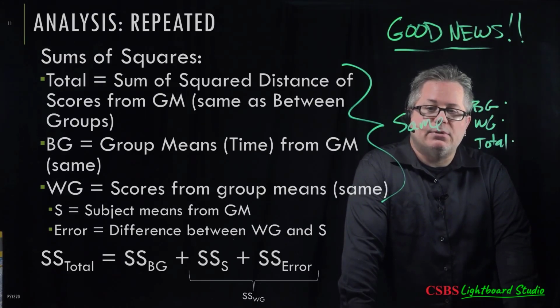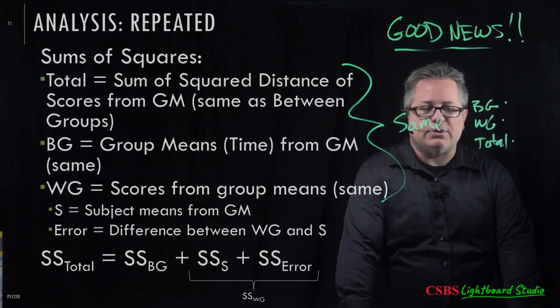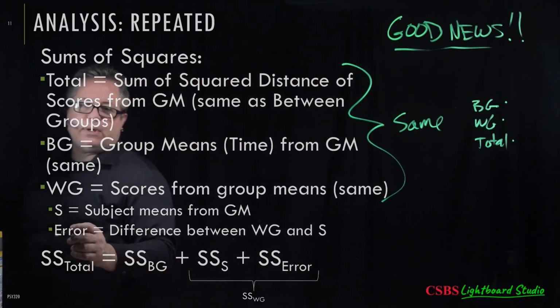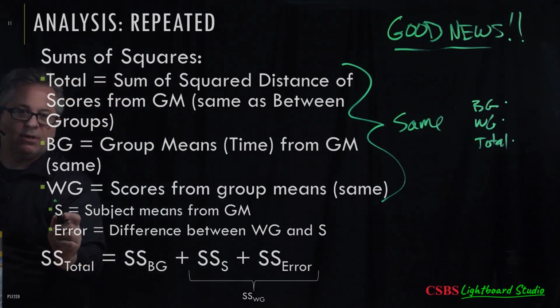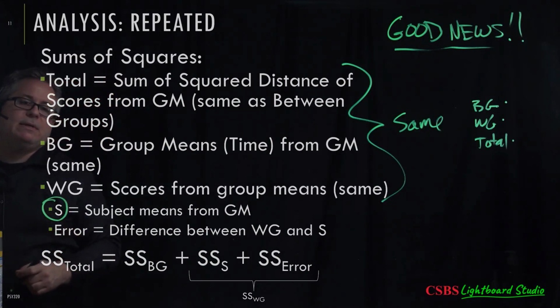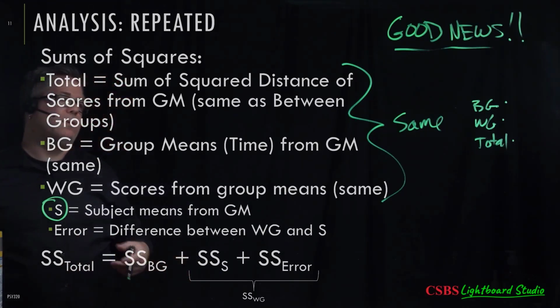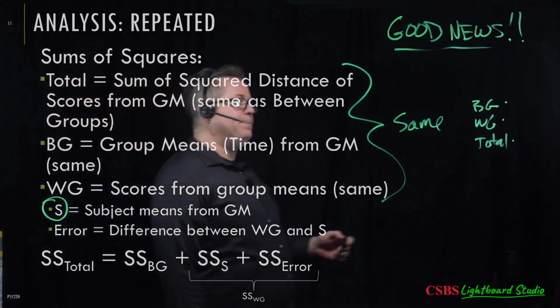Nothing's changed. All we have to do is one extra little bit, which is this right here, sum of squares for subject. This is the one extra piece that we need to find in a repeated measures that makes it a little bit different than a one-way between groups. So these are the same.